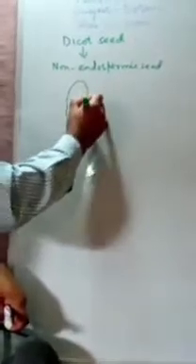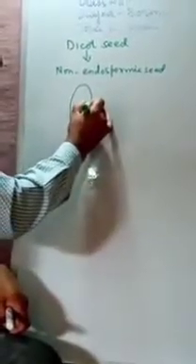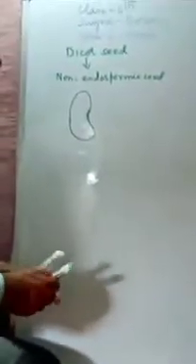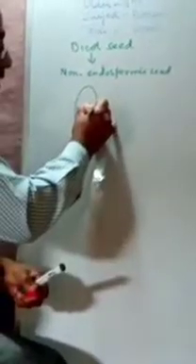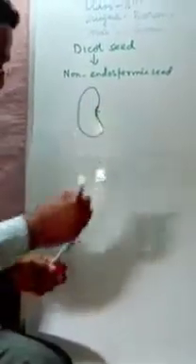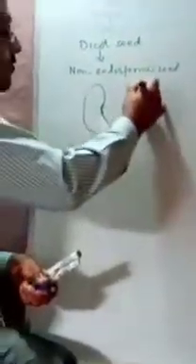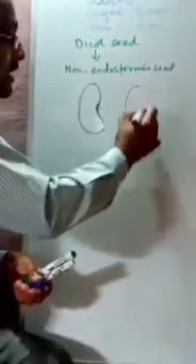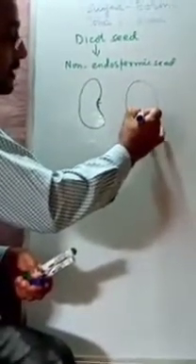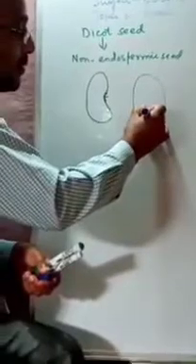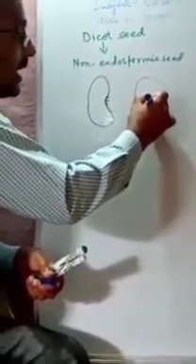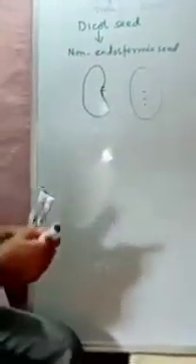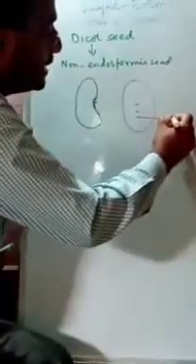There we saw that there is this concave part. Here we will see three things: two scars and a pore. When we draw the structure, this is the pore, then this is the scar, and then this is another scar. The pore is called the micropylar pore.